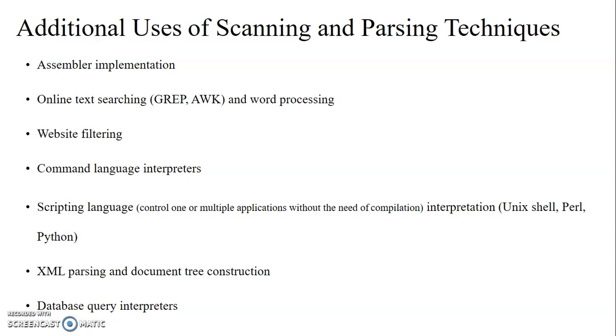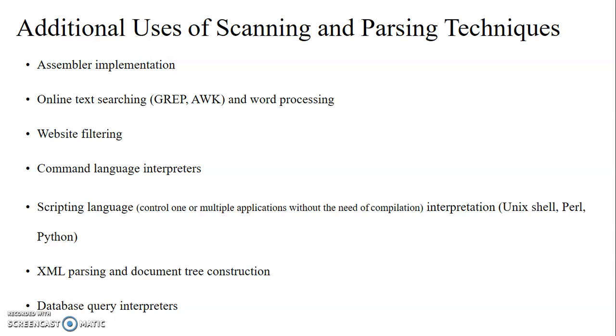In assembler implementation, we are using the scanner and the parser. Scanner in the sense lexical analyzer, which creates the tokens from the set of lines in the source program. Parser constructs the syntax tree or parse tree from the tokens to check the syntax of the source code of its own programming language.